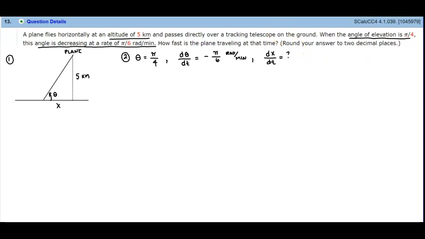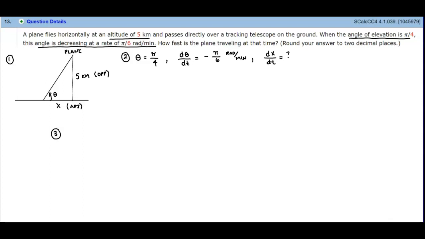Now we need to use our picture to determine this. What do we know about particular sides? This represents the adjacent side, and this represents the opposite.